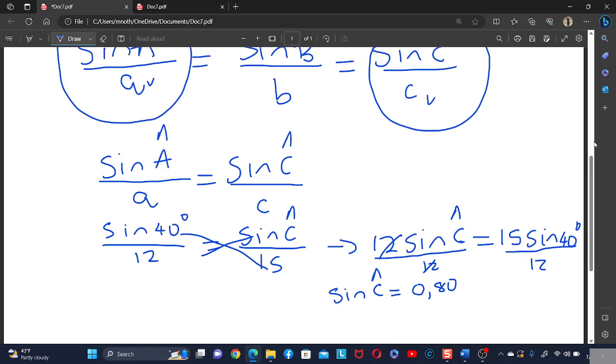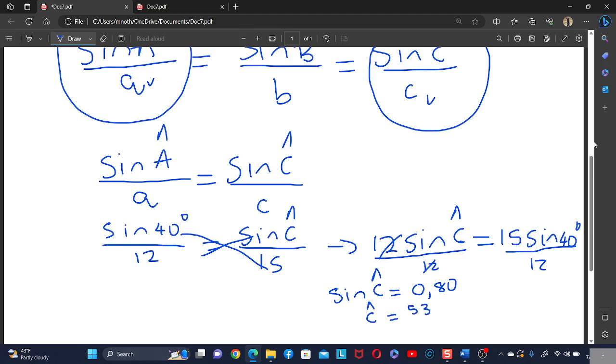If you take this in a calculator, then angle C is going to be, from sine inverse of 0,80, 53 degrees.